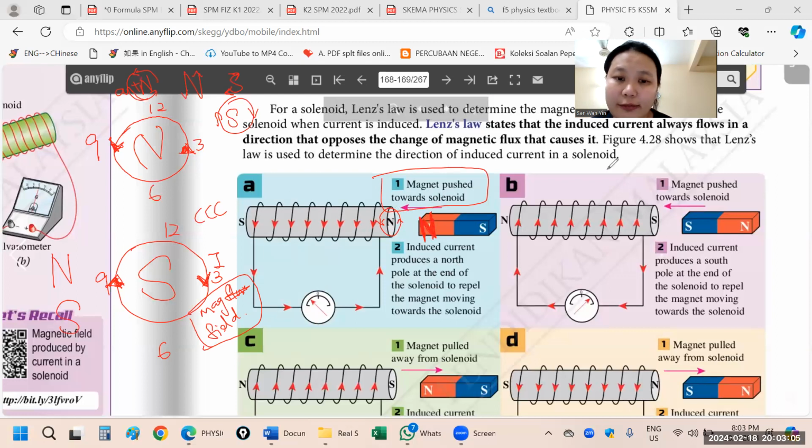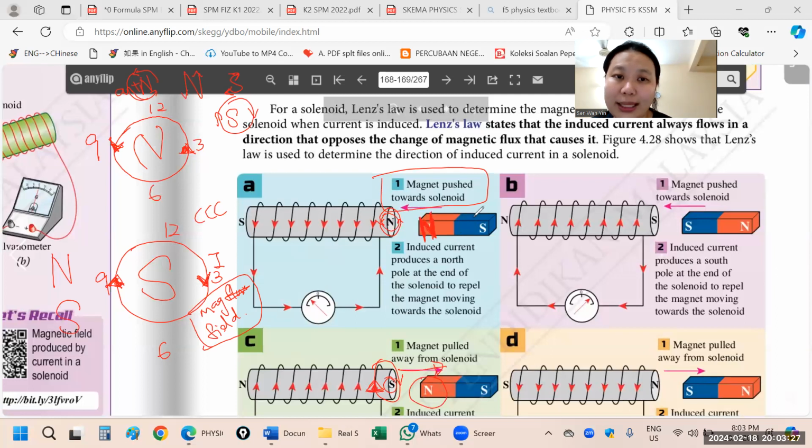But if you pull the north away, you'll find the current flows clockwise, south. Then it becomes south.